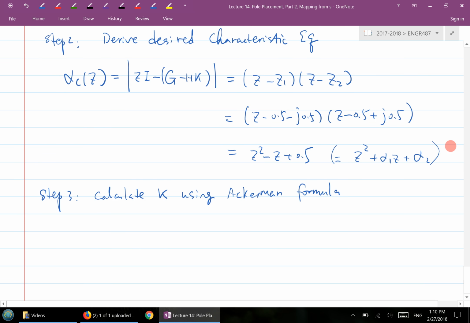This is part of the formula you can include in your final. This is the final material. Our system is order 2, so K equals 0, 1 times the inverse of H, GH, times alpha C of G.